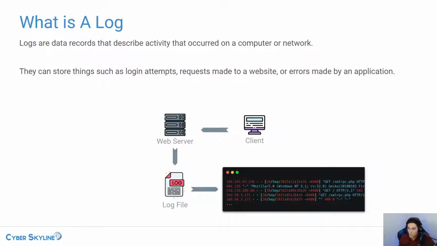Every time someone makes a request, if you want to see what is happening historically, you want to do some analytics, you want to see if maybe we got attacked, you will want to log that information. And so the IT team will log all of those requests. You'll get this data in a log file, and it might look something like this on the right side. This is an access log from a web server.